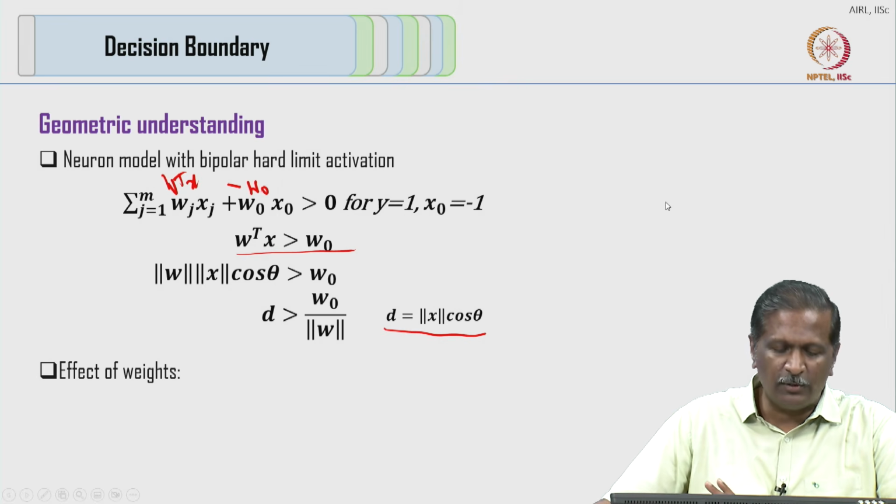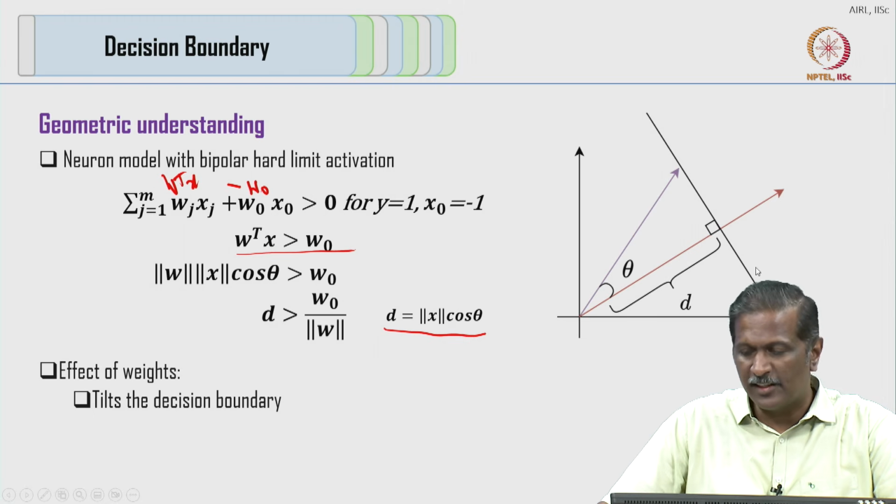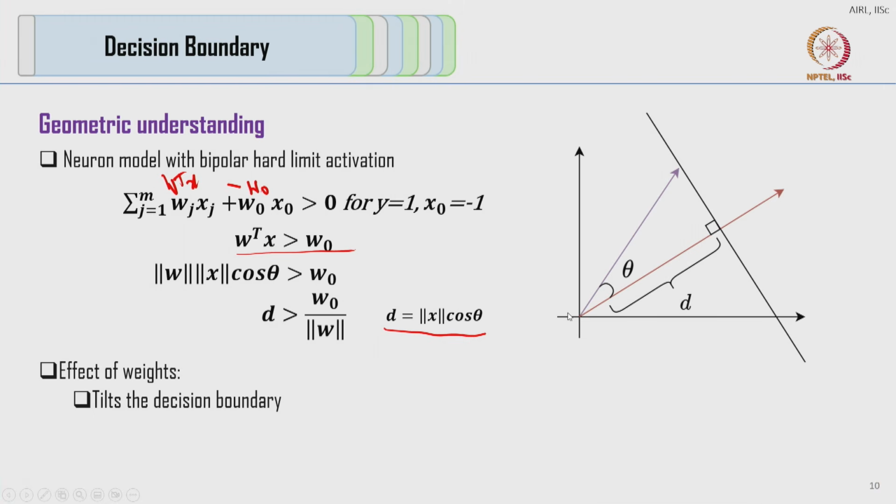So, let us understand what effect the weights are going to have. If you say this is my decision boundary and this is what I am representing as D, right, the weights tilt the decision boundary however you want. The bias signal, the W0 that we are talking of, positions the decision boundary relative to the origin.